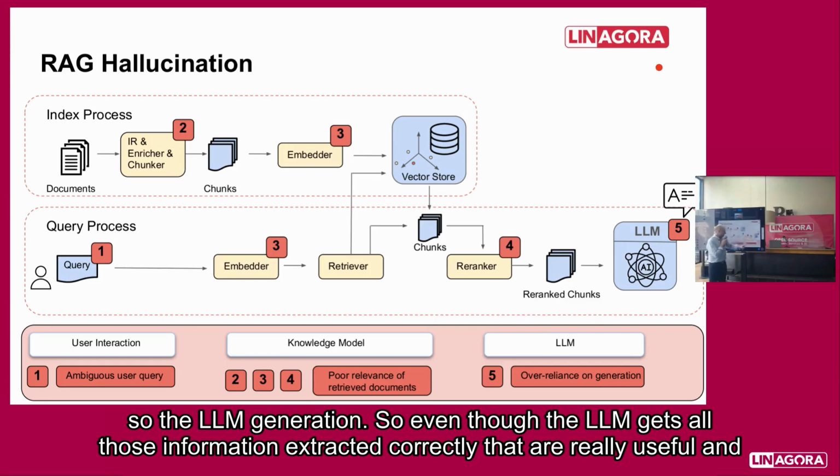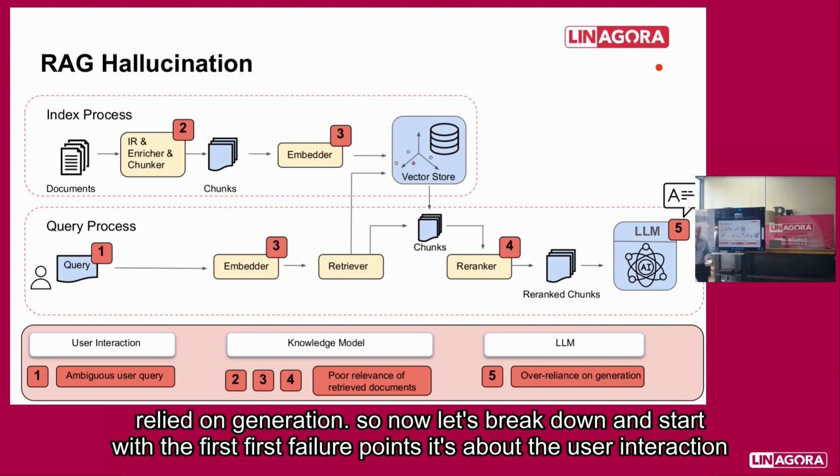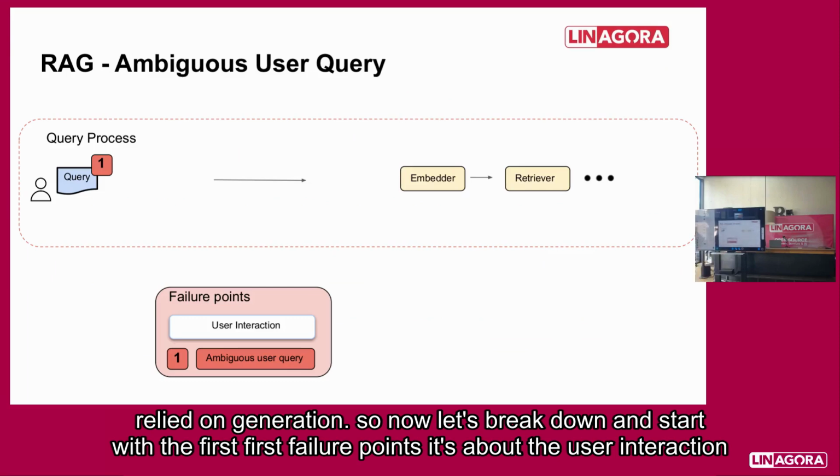Even though the LLM gets all the information extracted correctly that is really useful and relevant for the user query, it still can hallucinate or give you an answer of low quality because you simply over-relied on generation.